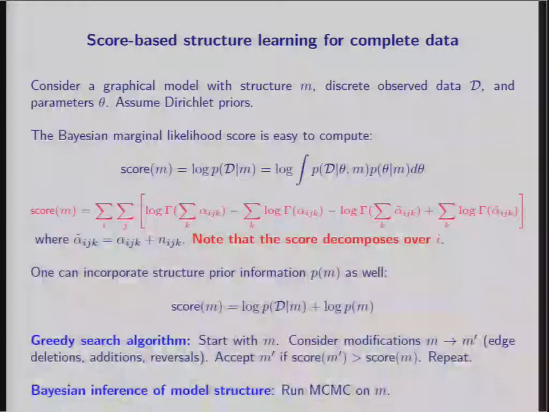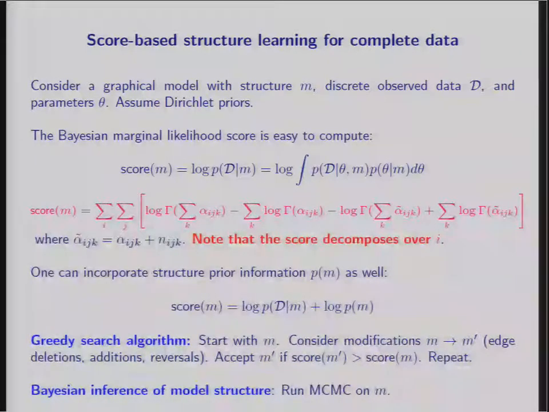Okay, yes? Cool. So, isn't this a big sum to compute? Because as a discrete set, you need to consider each configuration of the parents for each node. This sum here, you mean? Yeah. So in general, let's talk about this expression for the score.